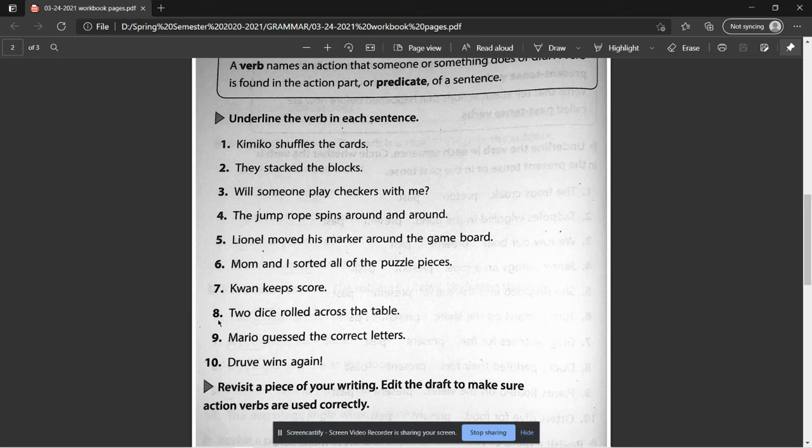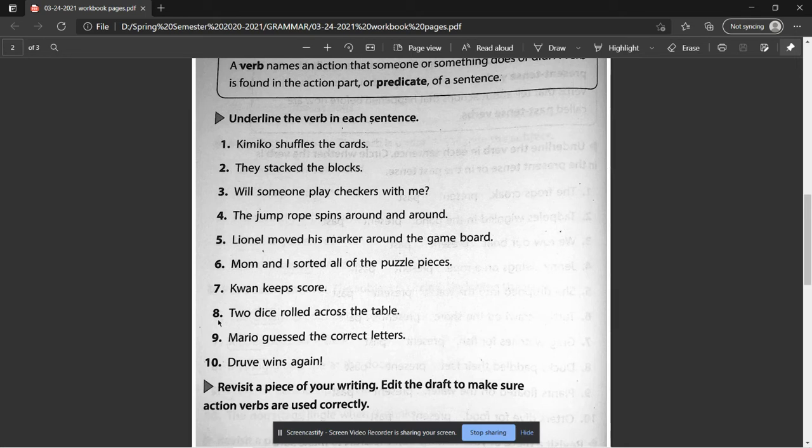Yeah, rolled indicates action. Definitely. Rolled is a word that I need to underline. Across the table. If I say the table, does that indicate action? No. And if I say the word across? No, it doesn't indicate action.